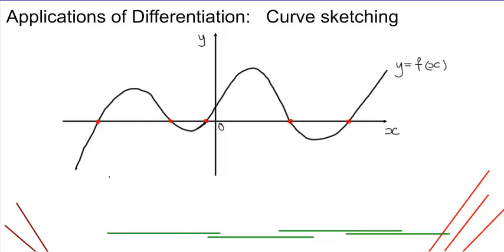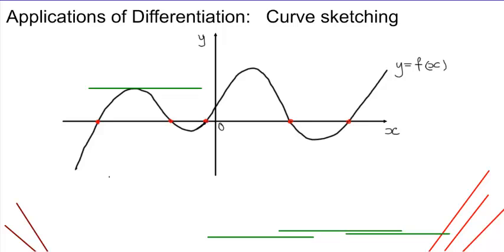So for that, you must understand that at a turning point, the tangent line is going to be horizontal. We can represent that as something like this, somewhere there, where the horizontal tangent line touches the curve, so we know there's a turning point.